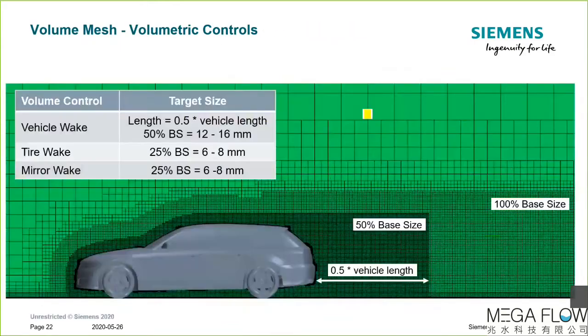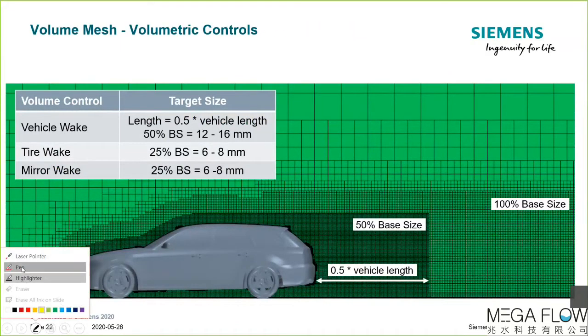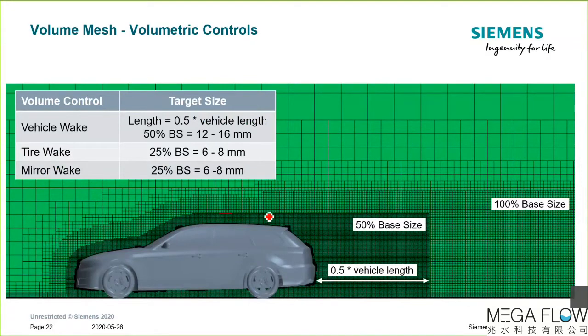Well, let's have a look at the wake of a car. We also need some refinement here. So normally I'm doing that with some blocks, what you can see here basically, and another one. So it's a rule of thumb that, for example, 50% of the vehicle length, that's the length of the refinement in the wake of the car. So 50% of the base size. So the global base size, I'm actually using 24 millimeters or 32 millimeters.